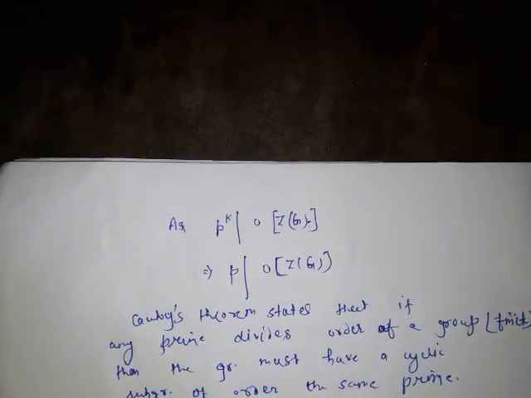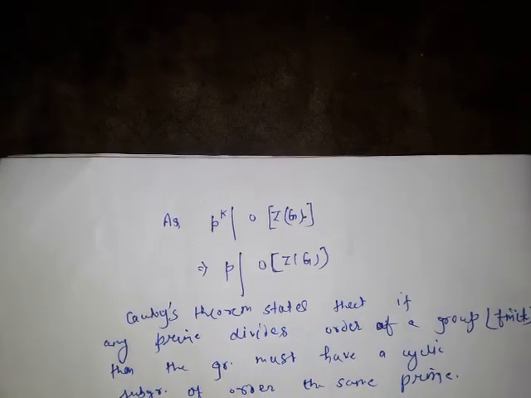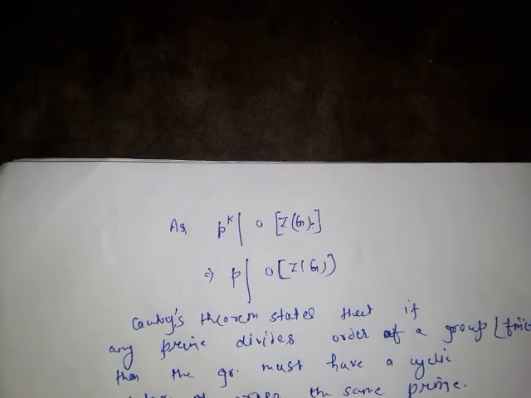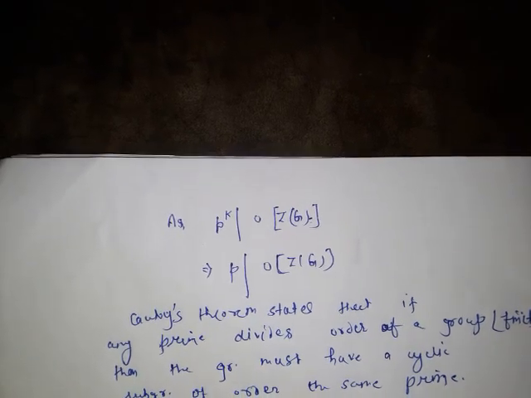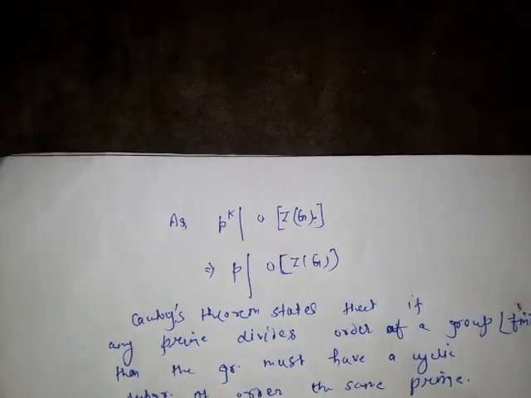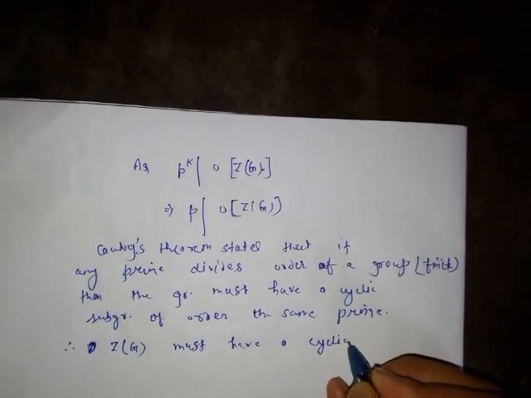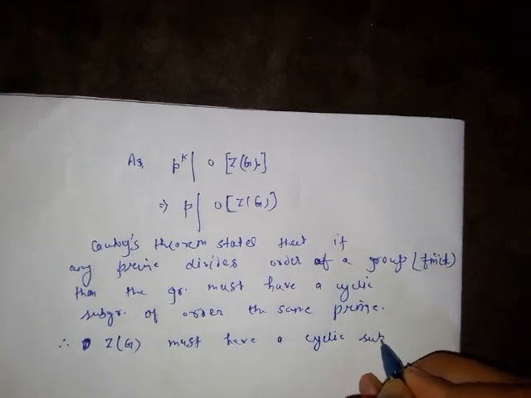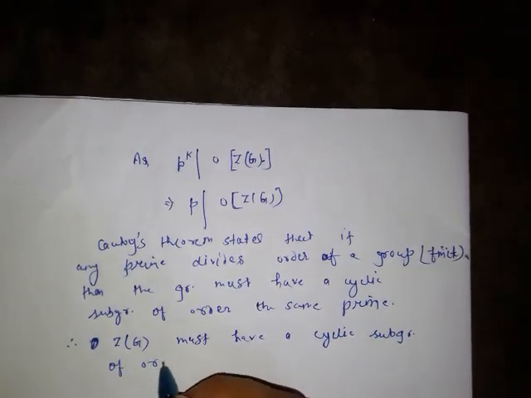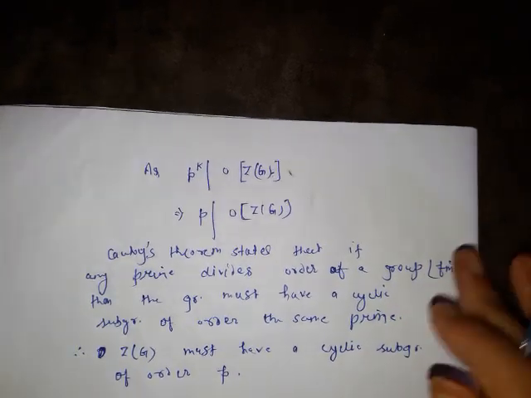From this expression we can conclude that Z of G, which is the center of the group G, must have a cyclic subgroup of order the prime p.